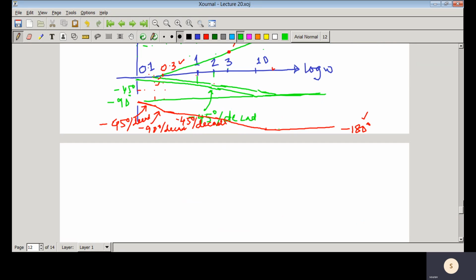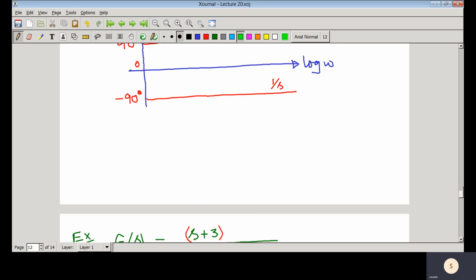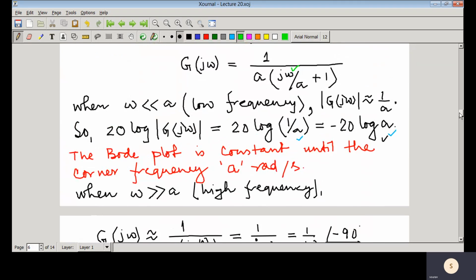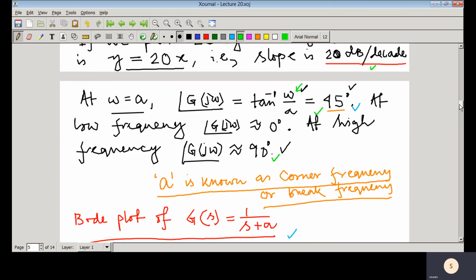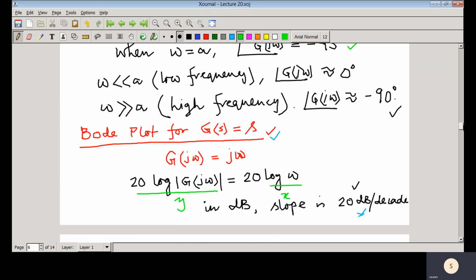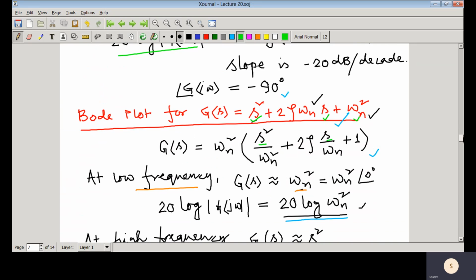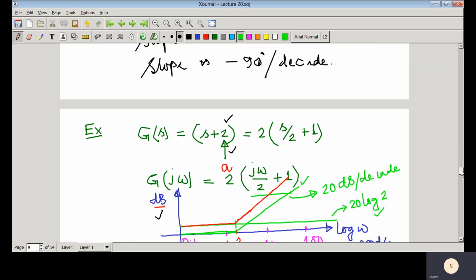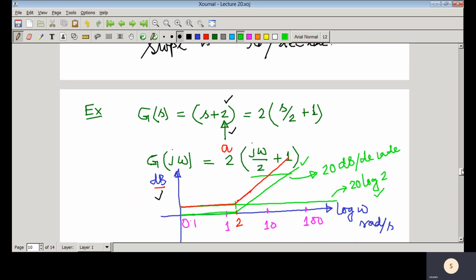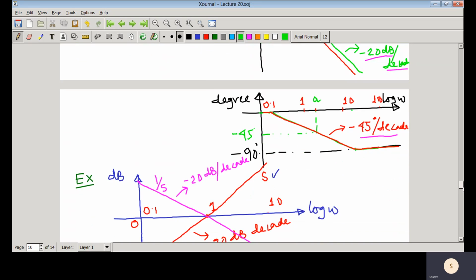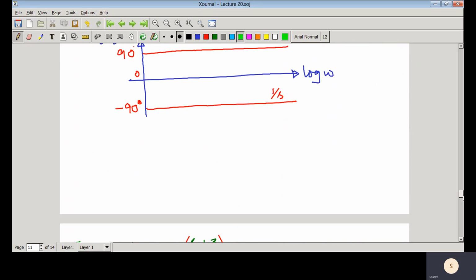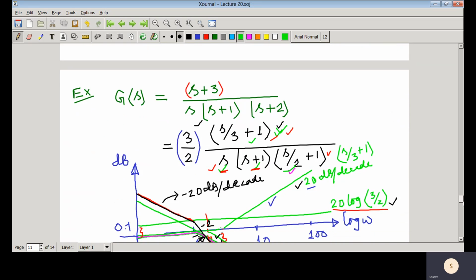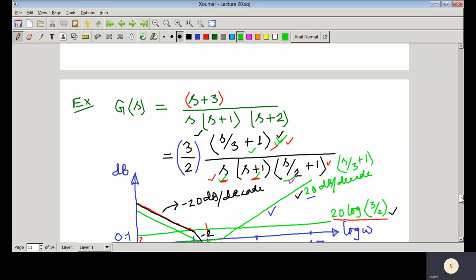So let us see what we have discussed today. Today we have started with S and 1 by S, and then we have discussed the second order term. Then we have shown how the asymptotic Bode plot looks if we draw it for S plus A, or 1 by S plus A, or S, or 1 by S. And we have taken one example, and this transfer function is a loop transfer function.